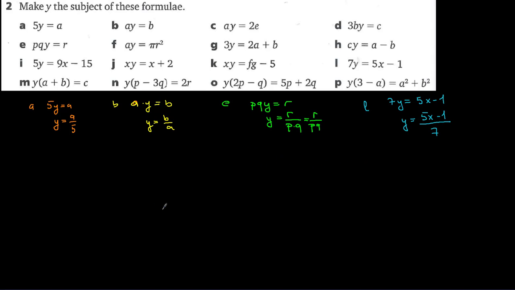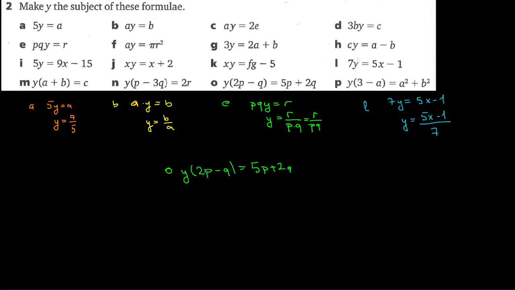Or in O1, I'm going to solve this question for O1 also. For the O1, here it should be like this. y times 2p minus q is equal to 5p plus 2q.